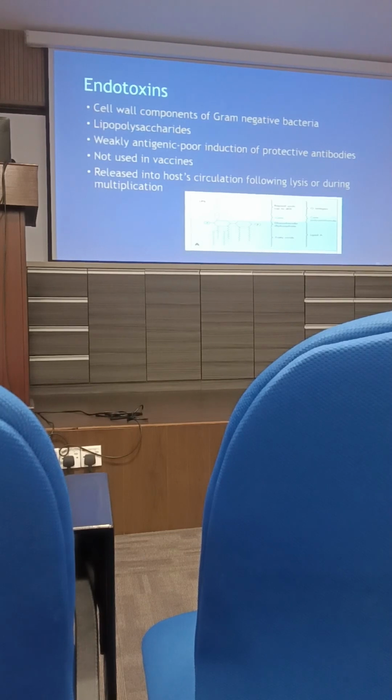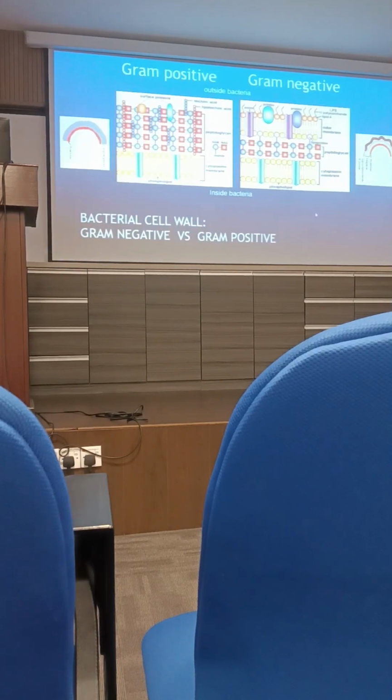It is released into the host circulation following lysis or during multiplication. You see the three components of an endotoxin, the lipopolysaccharide: the lipid A, the core polysaccharide, and the O antigen.